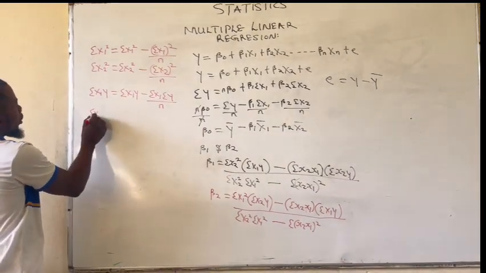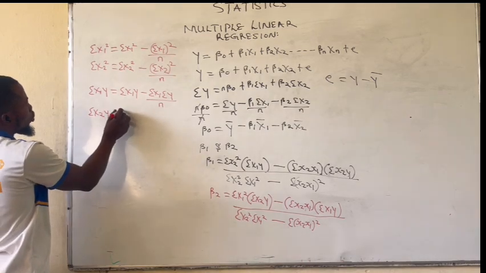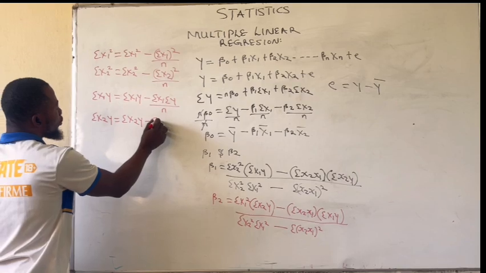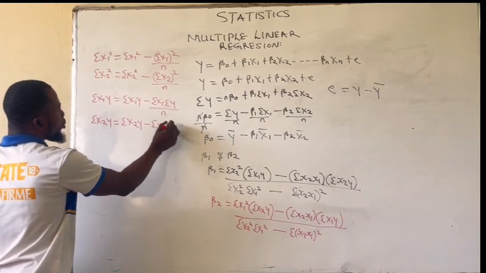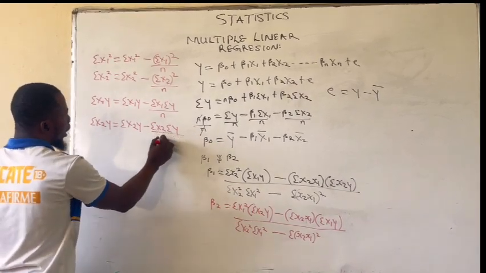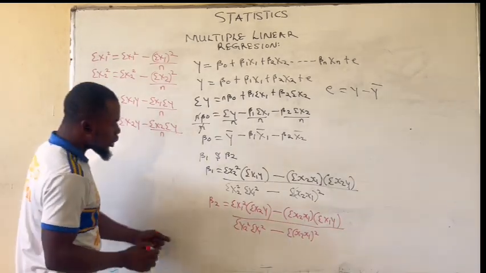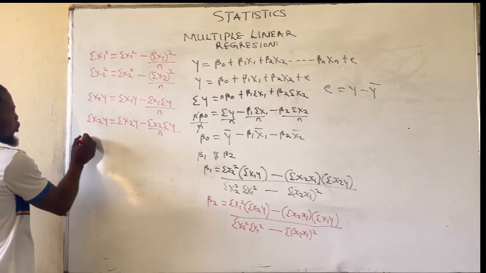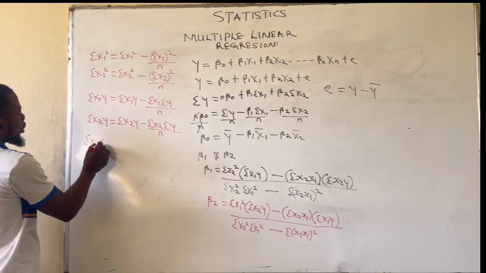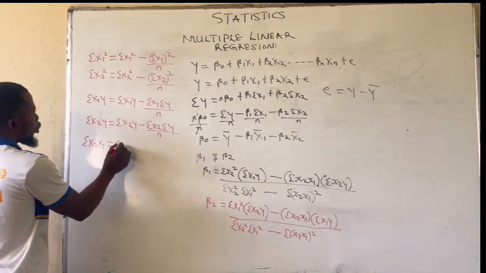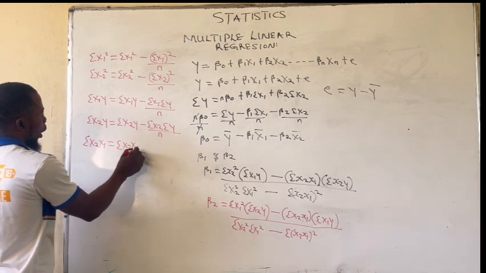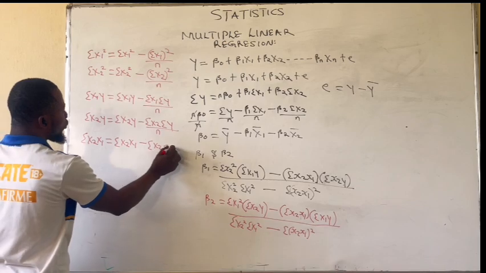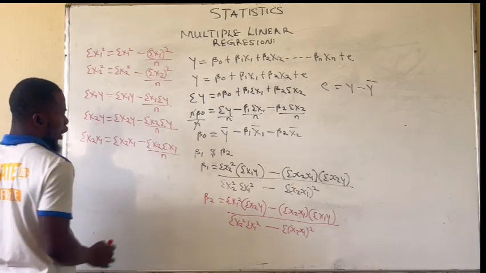So summation of x2y will now be equals to summation of x2y minus summation of x2 multiplied by summation of y divided by n. We also need summation of x2 x1. So our summation of x2 x1 will now be equals to summation of x2 x1 minus summation of x2 multiplied by summation of x1 divided by n.